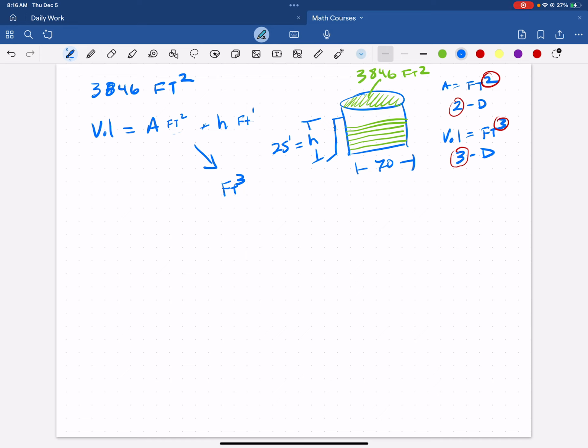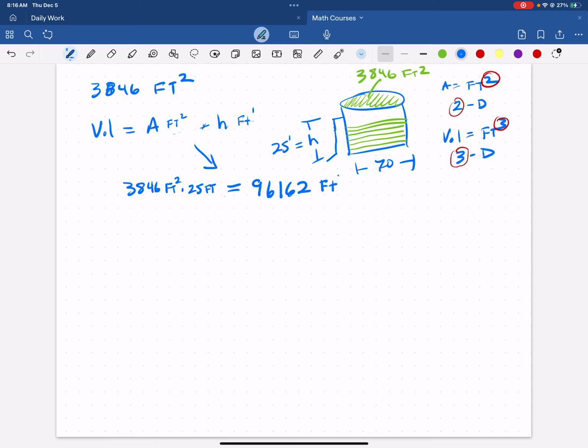Okay, so we know that our area is 3,846 feet squared times 25 feet. So 25 times 3,846 is equal to 96,162 feet.